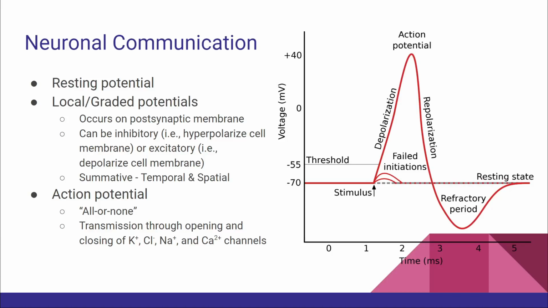Another thing worth noting about action potentials is that the threshold can differ from neuron to neuron, and every action potential fired by a specific neuron will have the same threshold for firing and display the same pattern of depolarization and repolarization.